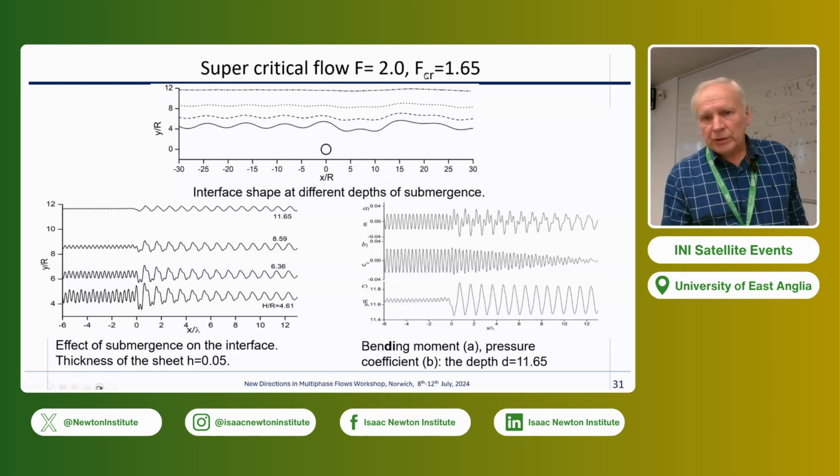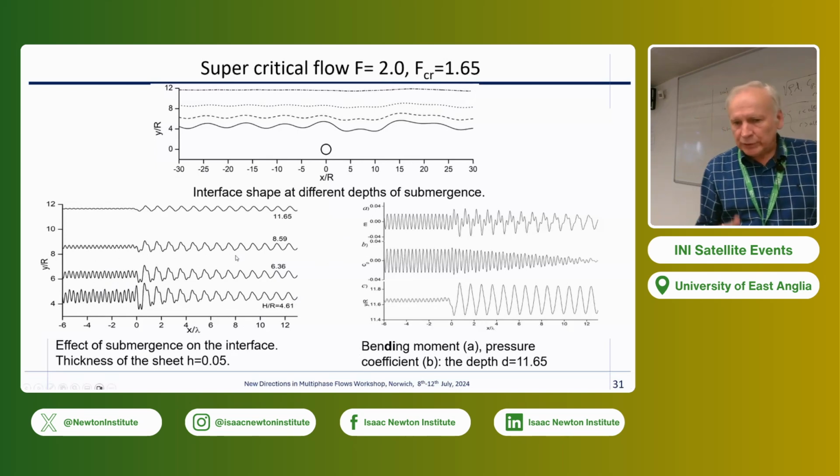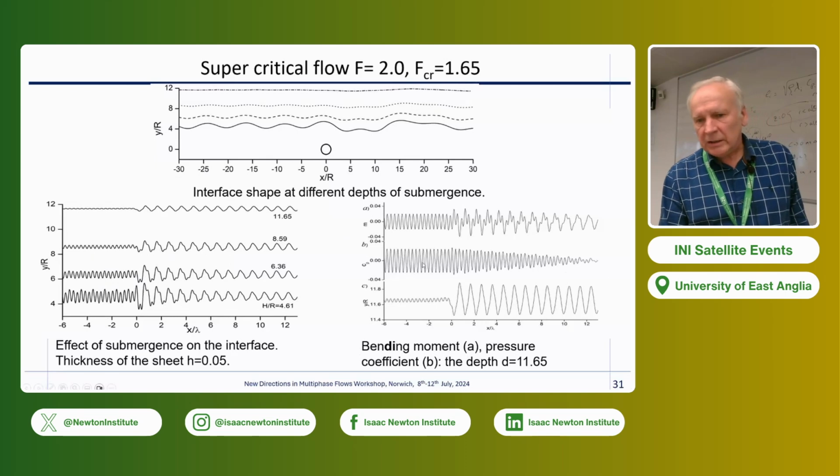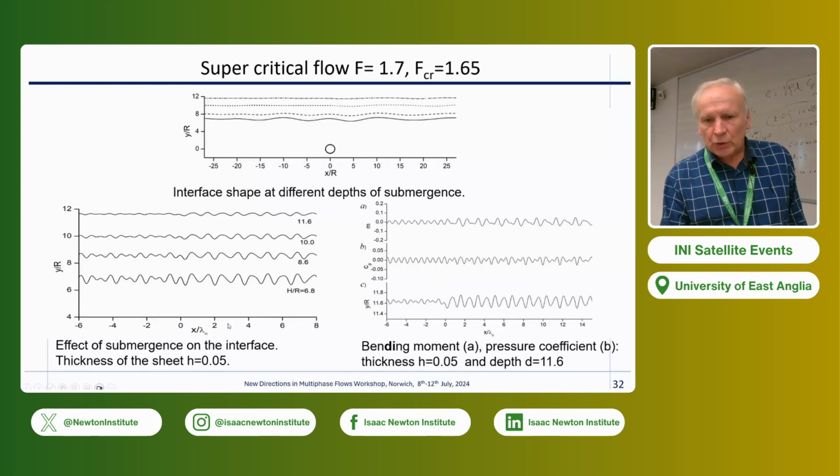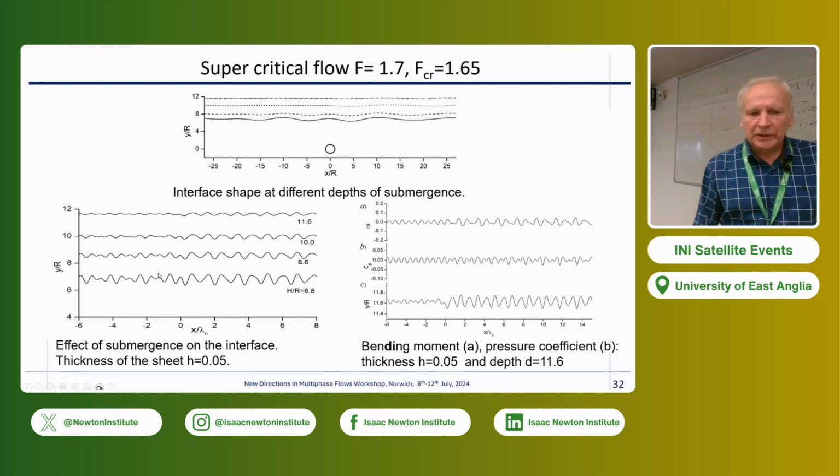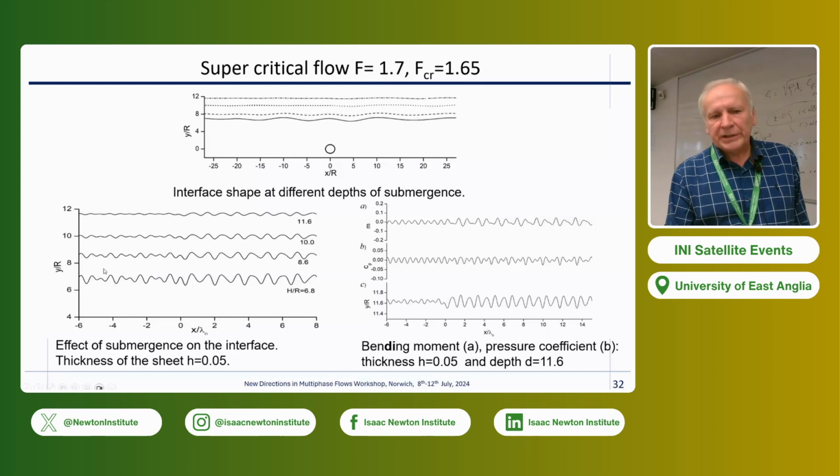Again, as we approach the critical Froude number, we can see that the wave due to the elastic sheet decays downstream, but it keeps the same amplitude upstream. And finally, we show the results for the Froude number very close to the critical Froude number, and there is very complicated behavior of the interface in both directions.